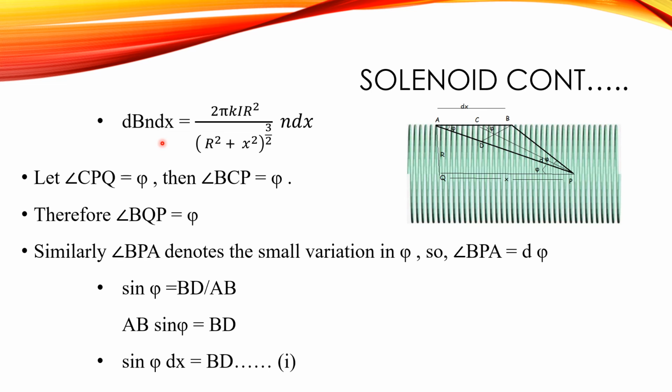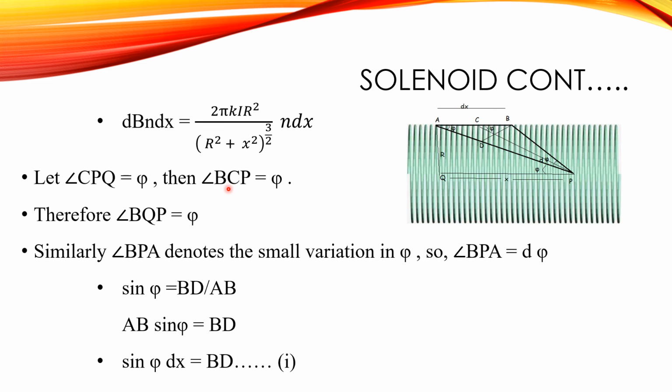Let us consider P connected to A and B as well as C, where C is in the center of A and B. At that time, if we consider angle CPQ, this is represented by phi.